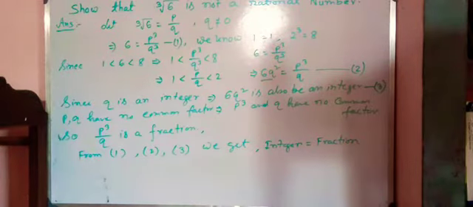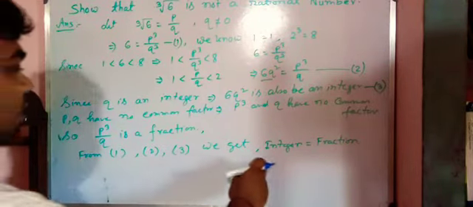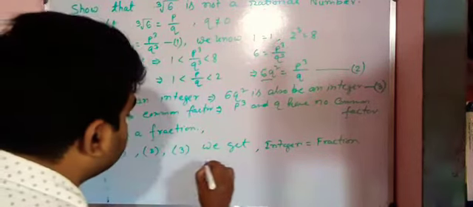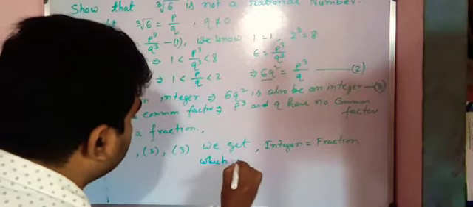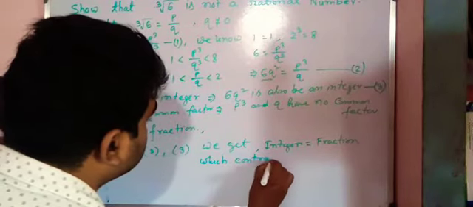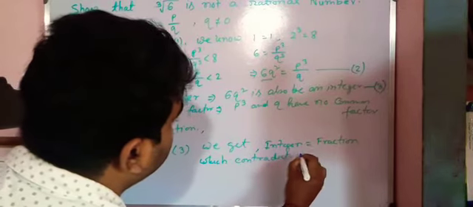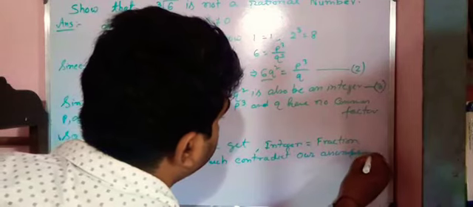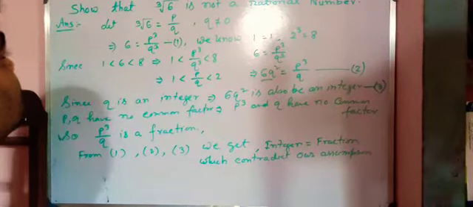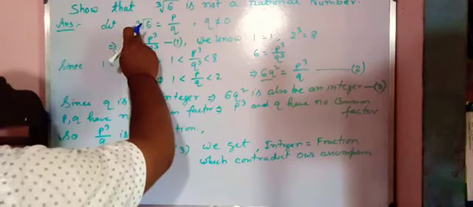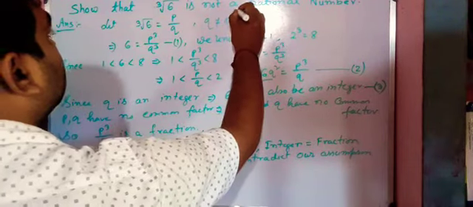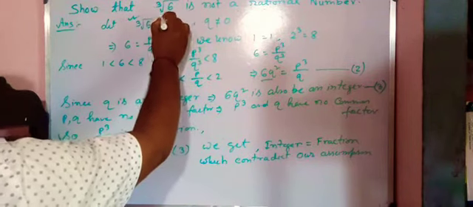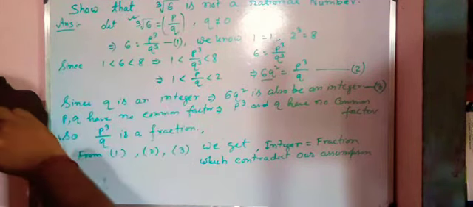which contradicts our assumption. Which assumption? That cube root of 6 be rational. Actually we are assuming it, so that's why we have done cube root of 6 is equal to p by q. Understood?